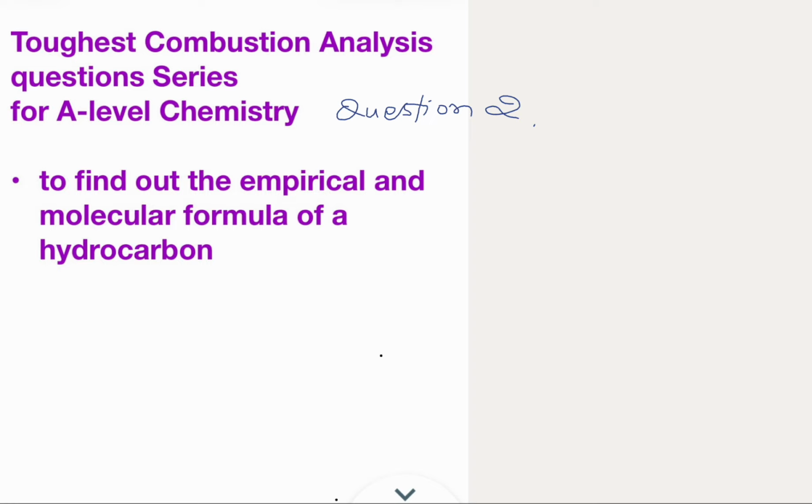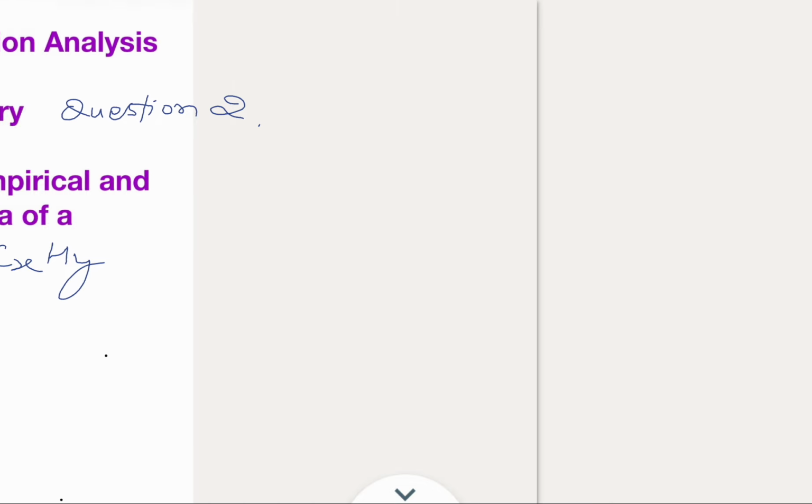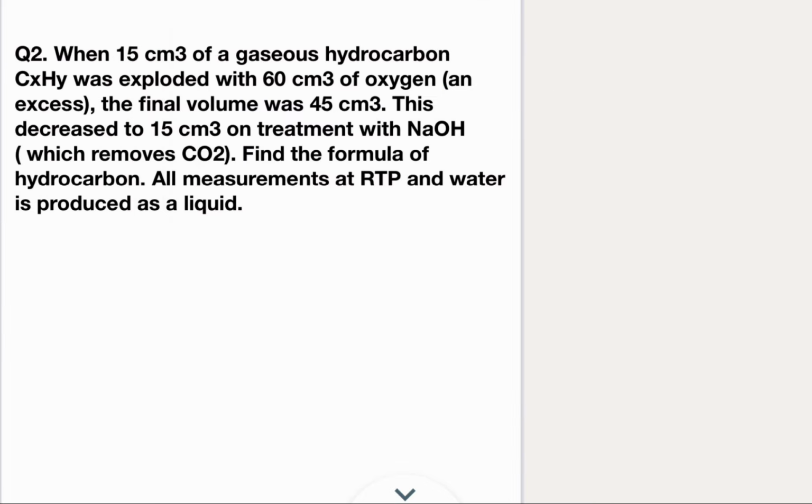So here's my second question, wherein also we have to find out the empirical and molecular formula of a hydrocarbon, which is given to us in the form of CxHy. Now you know that when this hydrocarbon combusts, the reaction is CxHy plus O2 gives us x moles of carbon dioxide and y divided by 2 moles of water.